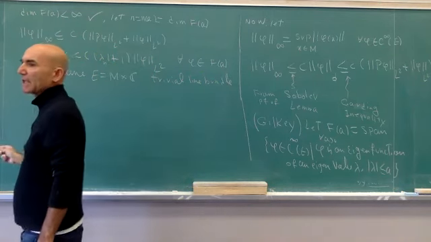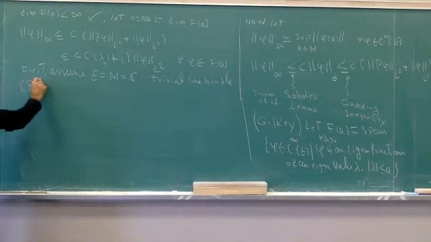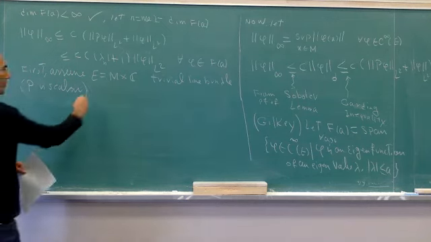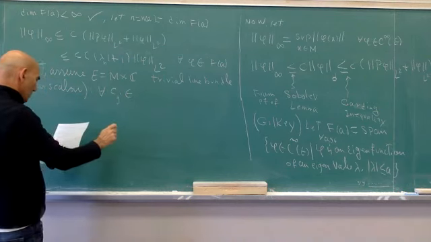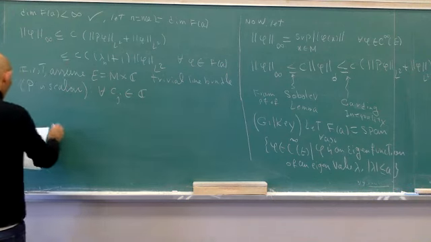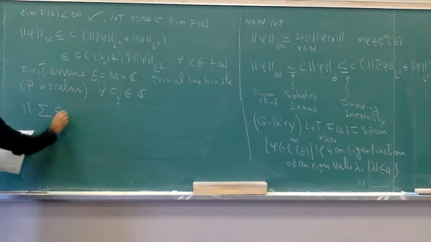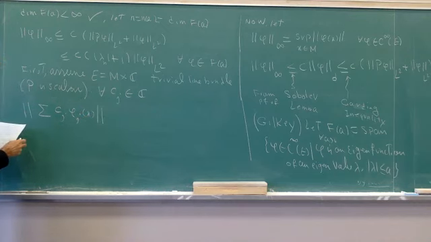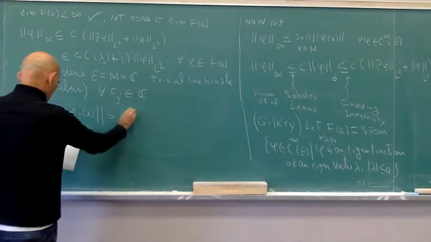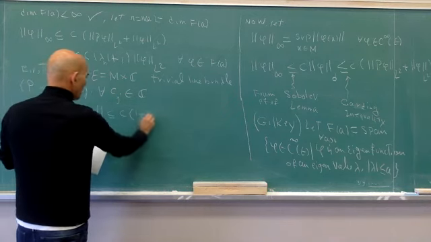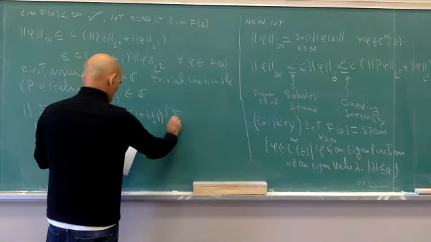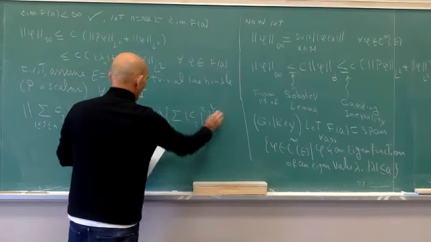So basically, this P is a scalar operator, right? P is a scalar. Okay, then you can just say that for any Cj belonging to C, we have norm of the sum of Cj phi j of x, over j between n and 1, is less than or equal to C times 1 plus absolute value of lambda n times the sum of absolute value of Cj squared, to the 1/2.